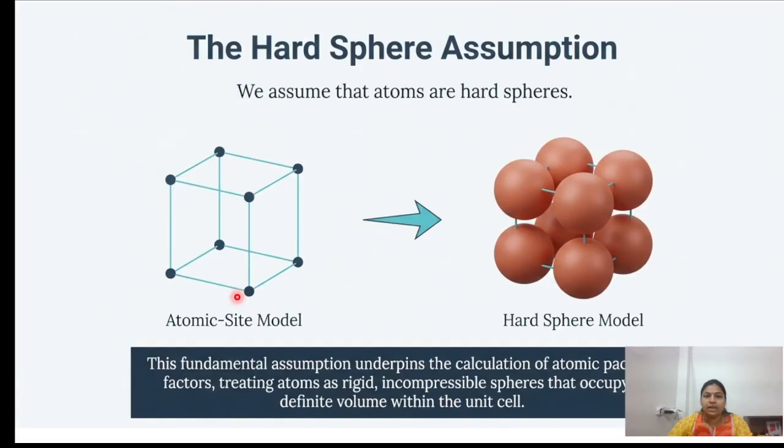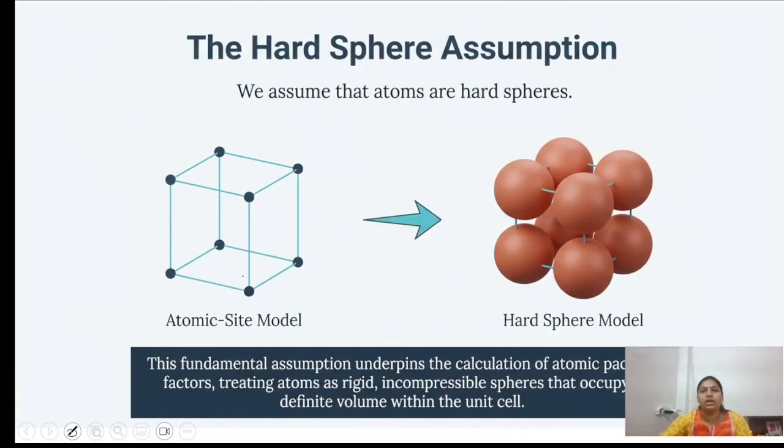This fundamental assumption underpins the calculation of atomic packing factor, treating atoms as rigid, incompressible spheres that occupy a definite volume within the unit cell.